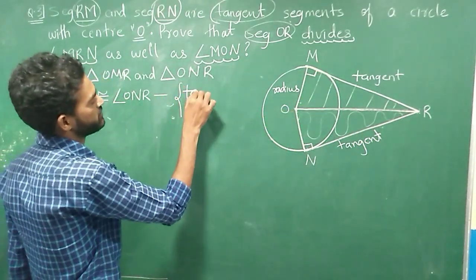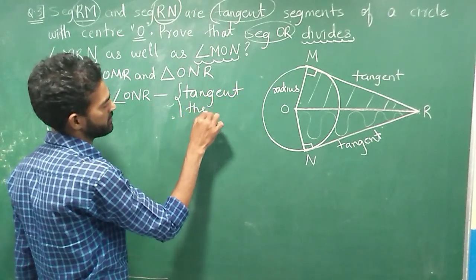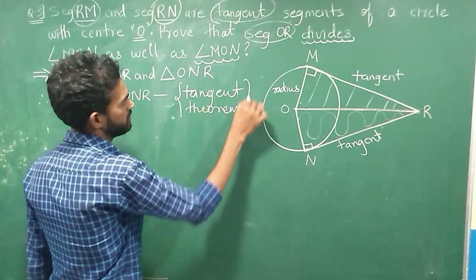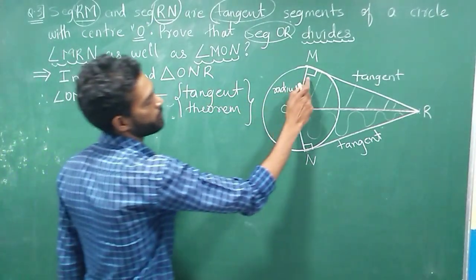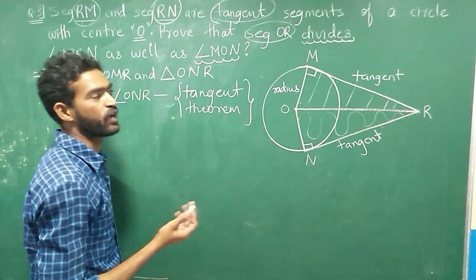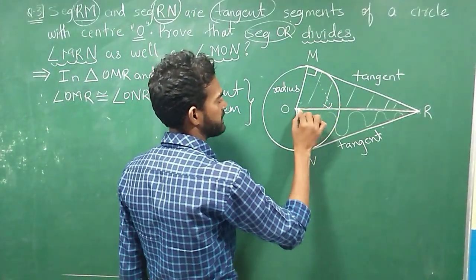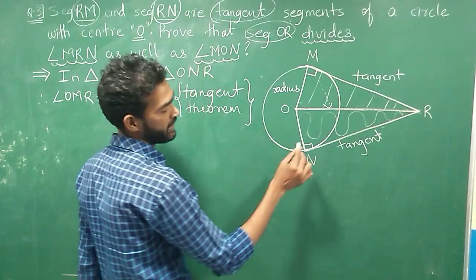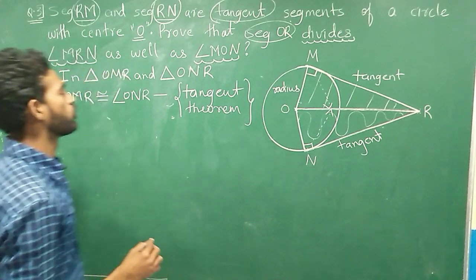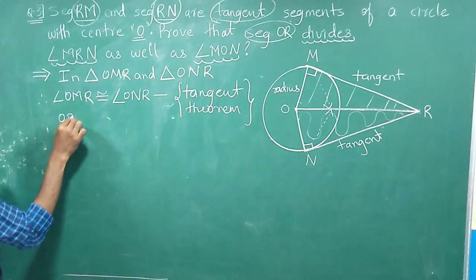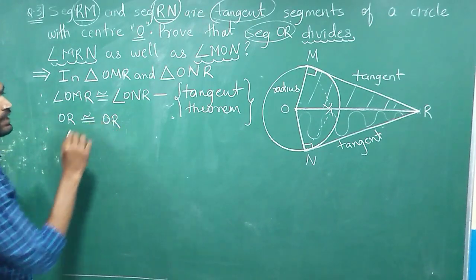So the tangent theorem. Clear all? These two angles become right angles. Now we all know the side opposite the right angle is the hypotenuse. Similarly, opposite of this right angle, same. OR is congruent to OR.